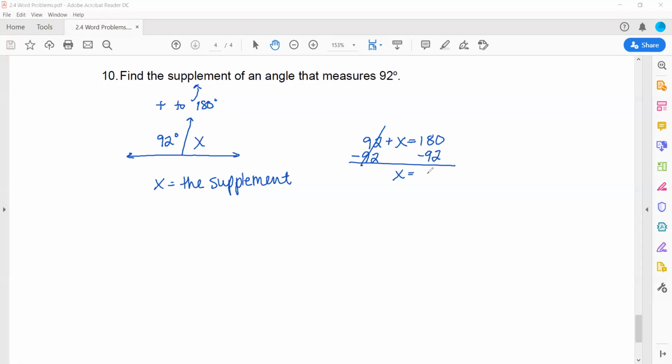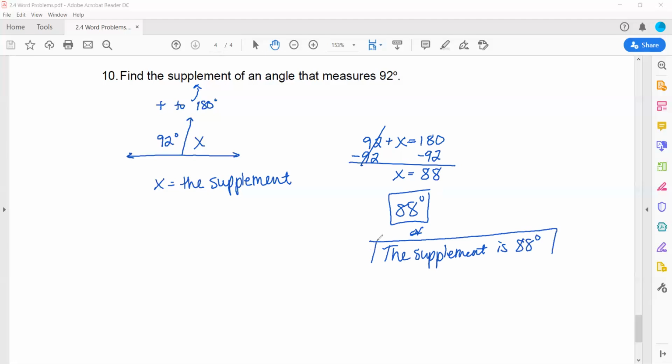Subtract 2 more, we get 88. And so again, we can just say 88 degrees, or you can say the supplement is 88 degrees. But the big thing there is the units, the degree symbol.